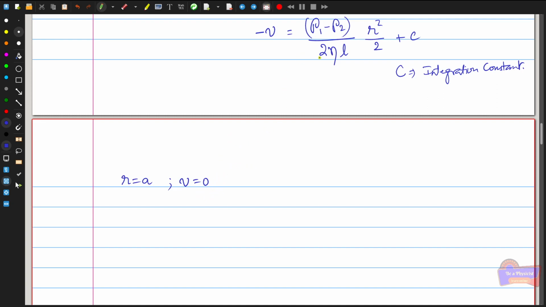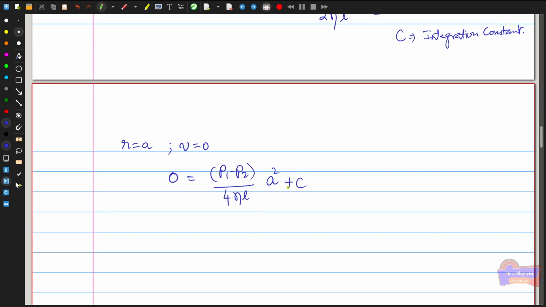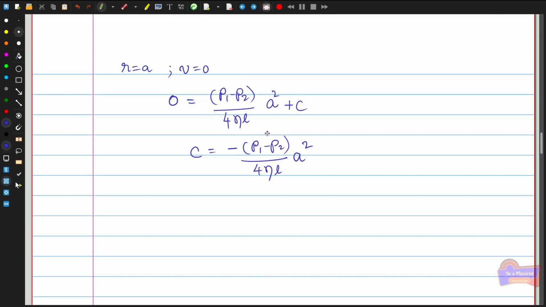So for r equal to a, v equal to 0, I can write 0 equal to (P1 minus P2) divided by 2 eta L times, multiplying the 2 and 2, 4 eta L into a squared, plus C. From this equation I can calculate the value of C. C has the negative value of (P1 minus P2) divided by 4 eta L times a squared.